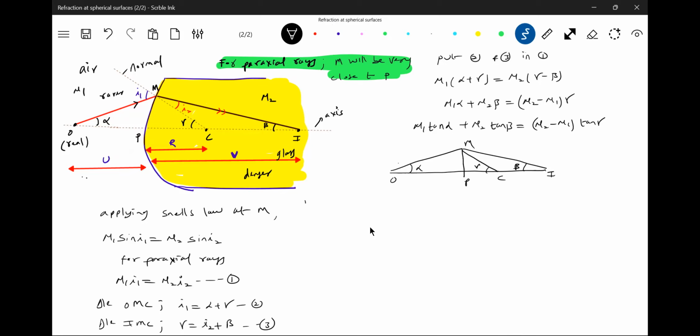We'll call this a pole, just to give some name for it. So all the distances I'll measure from the pole here. Object distance I'll measure here, and this is the radius of curvature of this surface. R is the radius of curvature, and the image distance is V. So these quantities will be indicated here in this way. This is U. This is R.